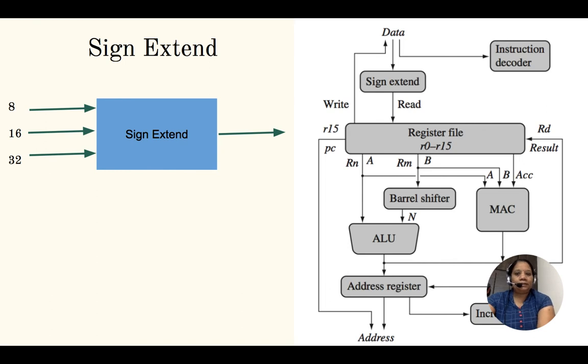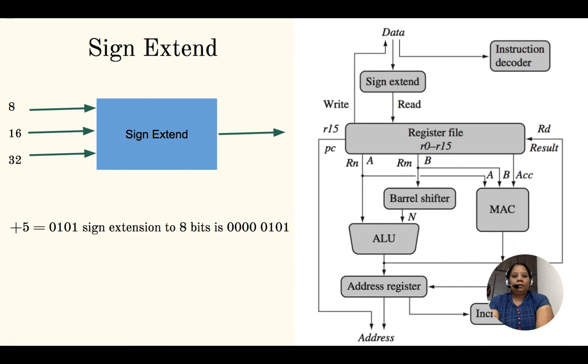Let me say it once again. Sign extension is not equal to extension of zeros, meaning that when I say sign extension, it doesn't mean that we are just adding that many zeros. For example, let me tell you how an 8-bit sign extension is done.